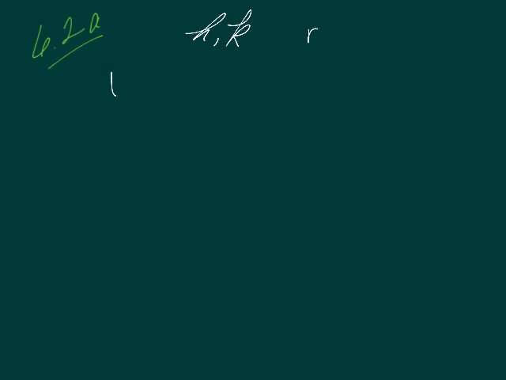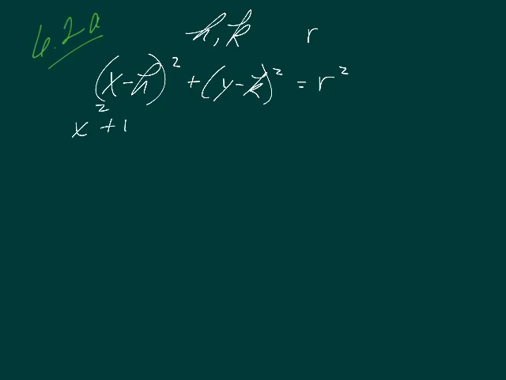So our standard equation of a circle is (x minus h) squared, plus (y minus k) squared, equals r squared, which is your radius squared.